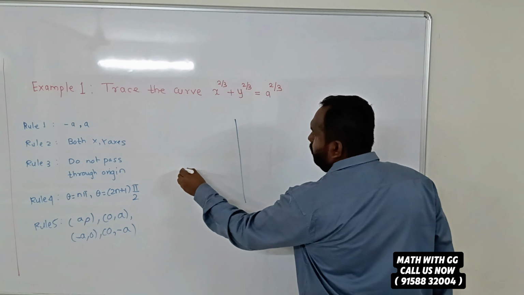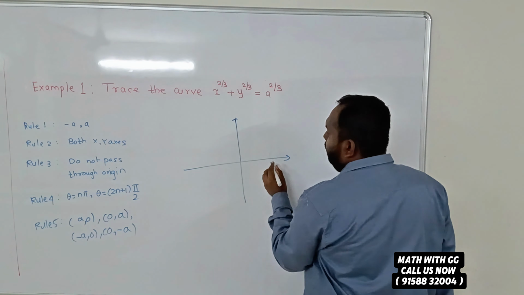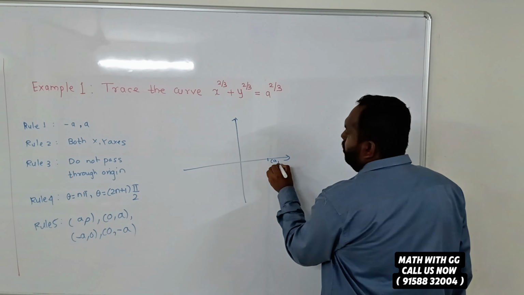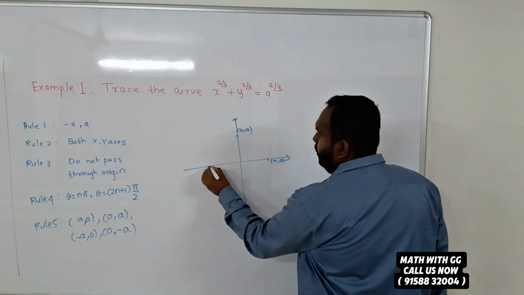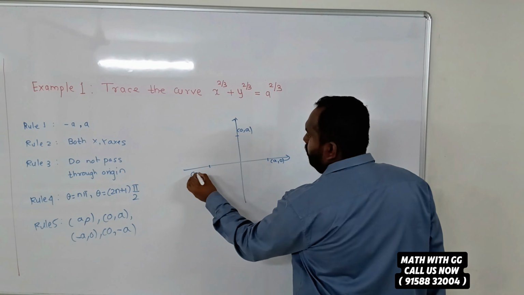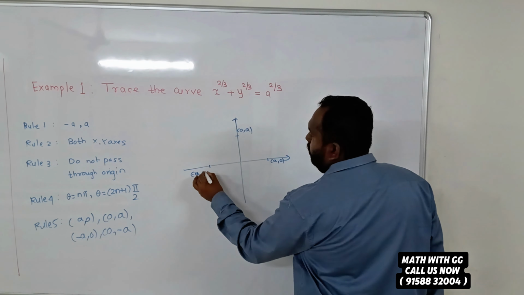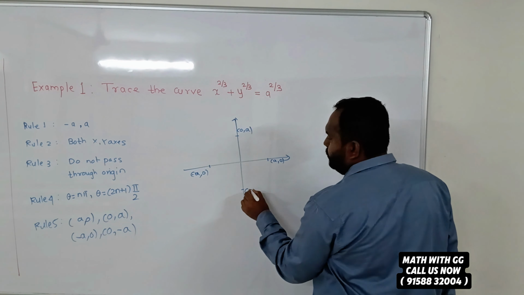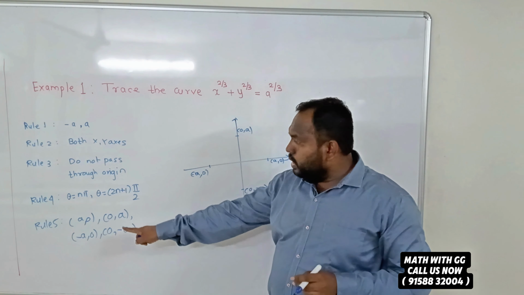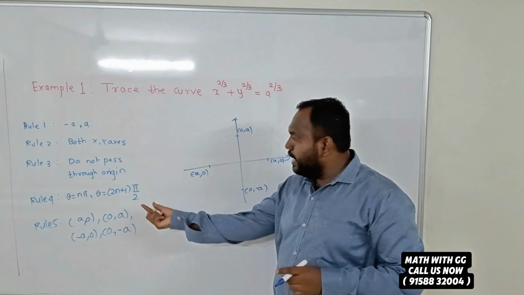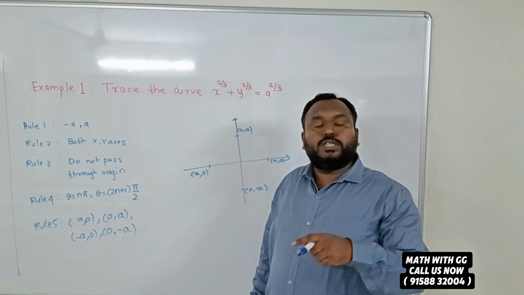Now, as the curve is limited by a and minus a on both axes, let's limit our region to these 4 points. In rule number 4, theta equal to n pi and theta equal to (2n plus 1) pi by 2 are both special points.